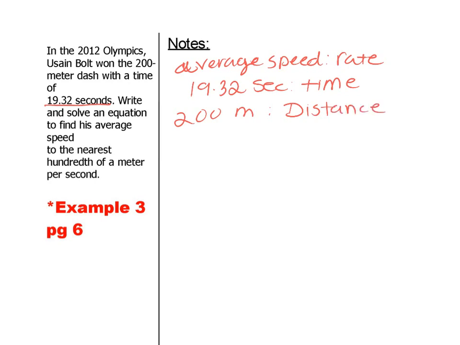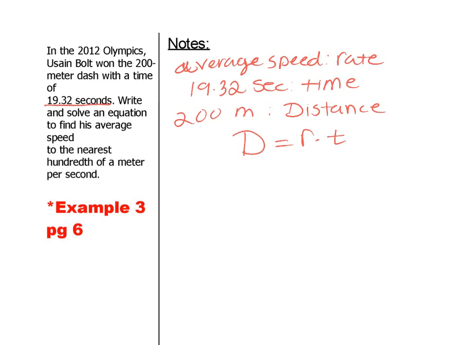What equation can I use? Not distance formula, but that's a great guess. Distance equals rate times time, or dirt. Distance equals rate times time. Good one. It's a very good one to know.